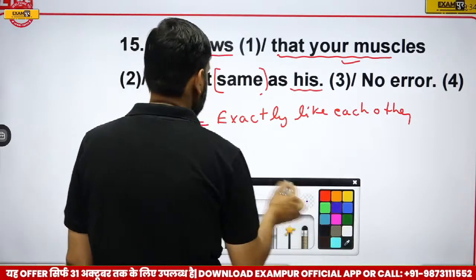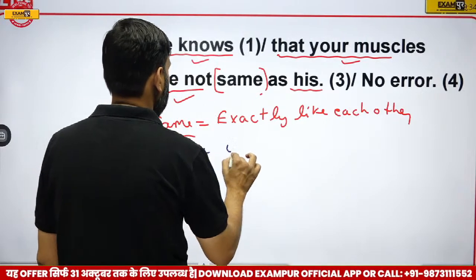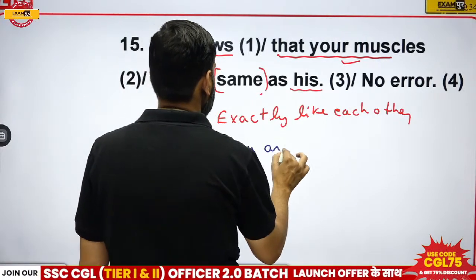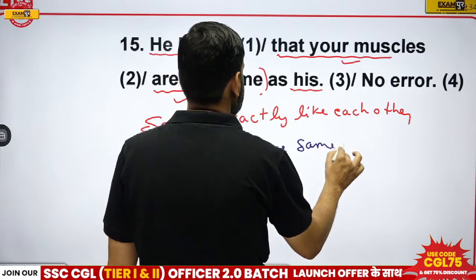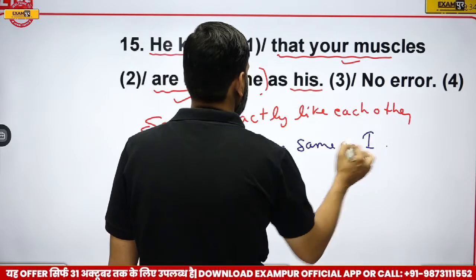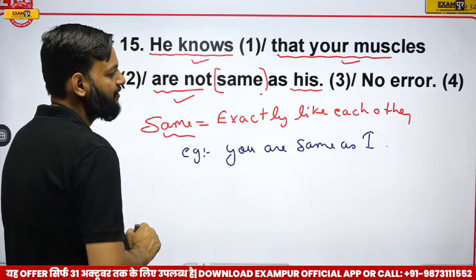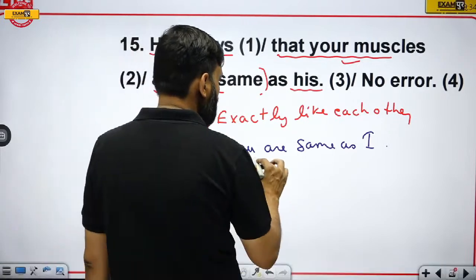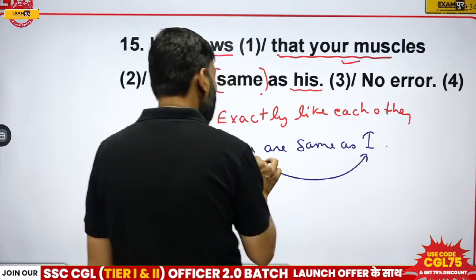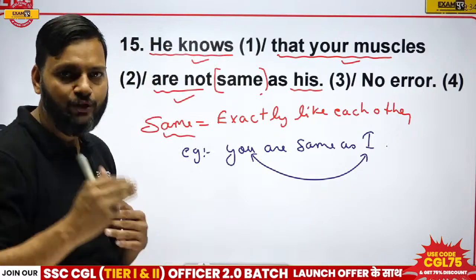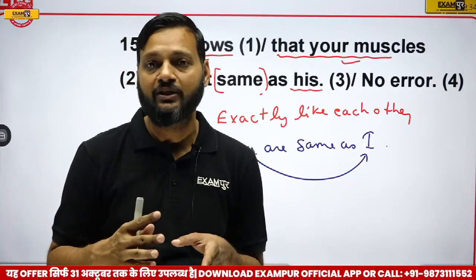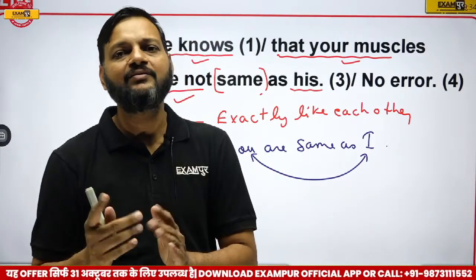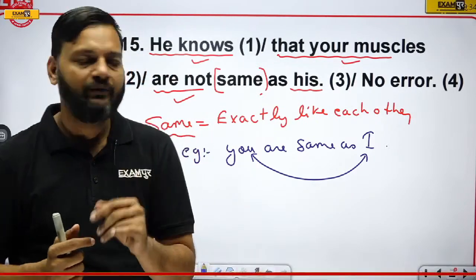For example, you are same as I. So in this sentence, you and I are exactly like each other. So the word same means exactly like each other, right?